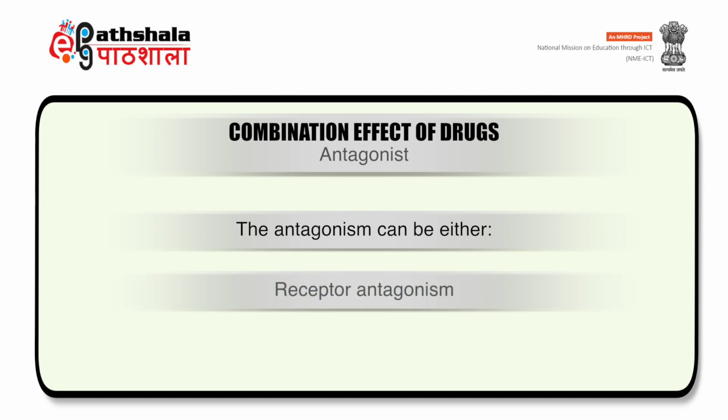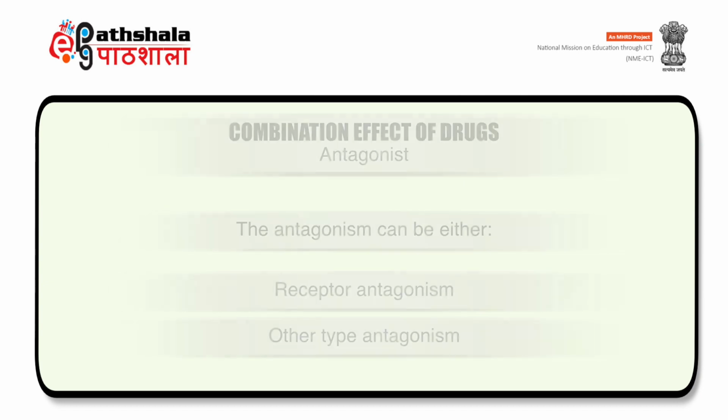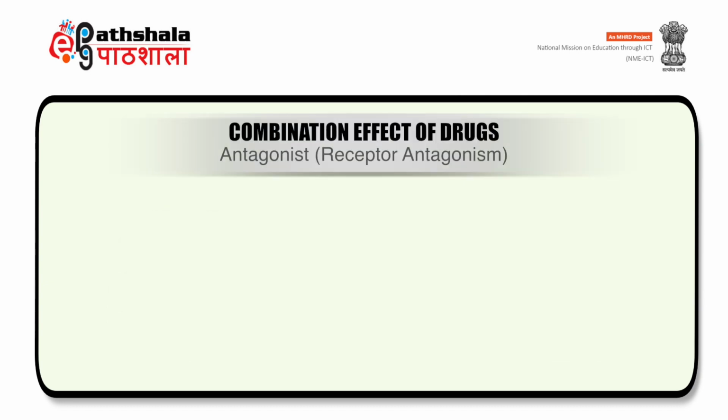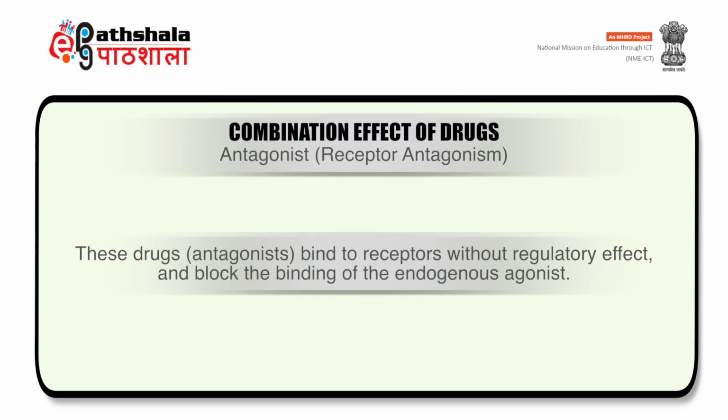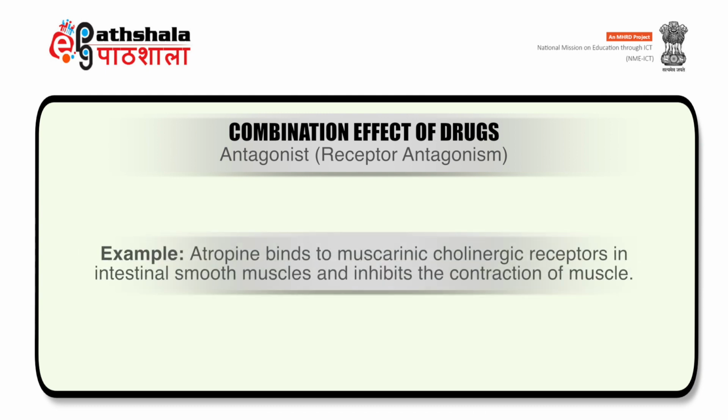It can be either receptor antagonism or some other type of antagonism. What is receptor antagonism? The drugs bind to receptors without regulatory effect and block the binding of the endogenous agonist. For example, atropine binds to muscarinic cholinergic receptors in intestinal smooth muscles and inhibits the contraction of muscle. This is the example of receptor antagonism.